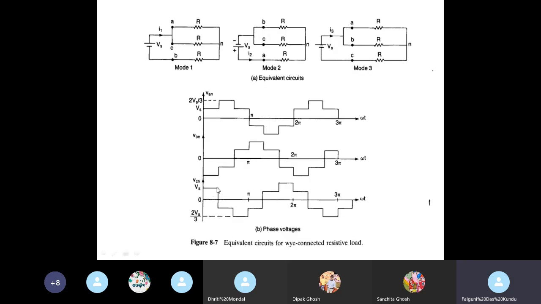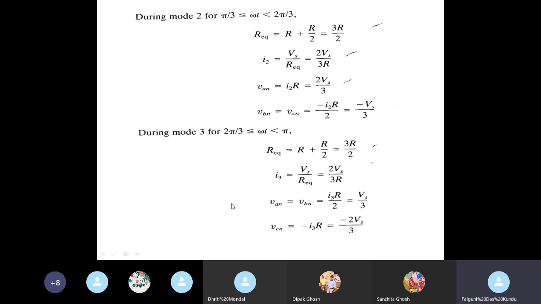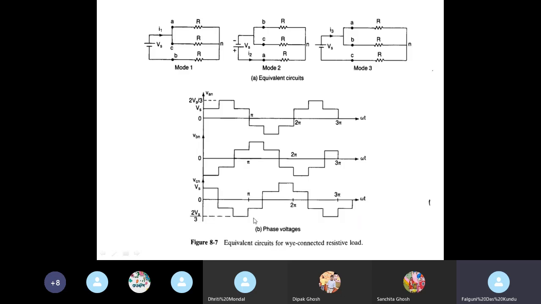That's why it reverses to minus Vs by 3, and after that, when it lies between 2 pi by 3 to pi, the value of VCN is minus 2 Vs by 3. That's why this is minus 2 Vs by 3, and the curve follows the same manner.